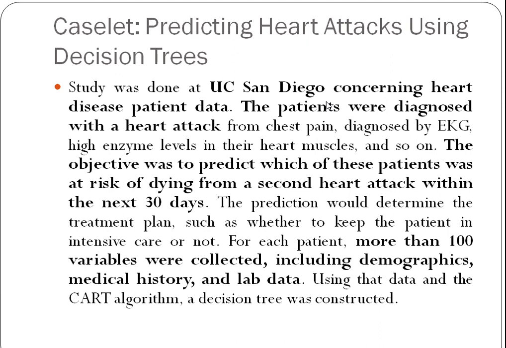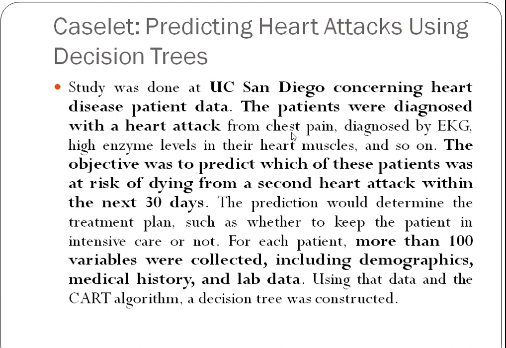Whenever people came with chest pain and were diagnosed, they wanted to predict. The objective was to predict which of these patients was at risk of dying from a second heart attack within the next 30 days.